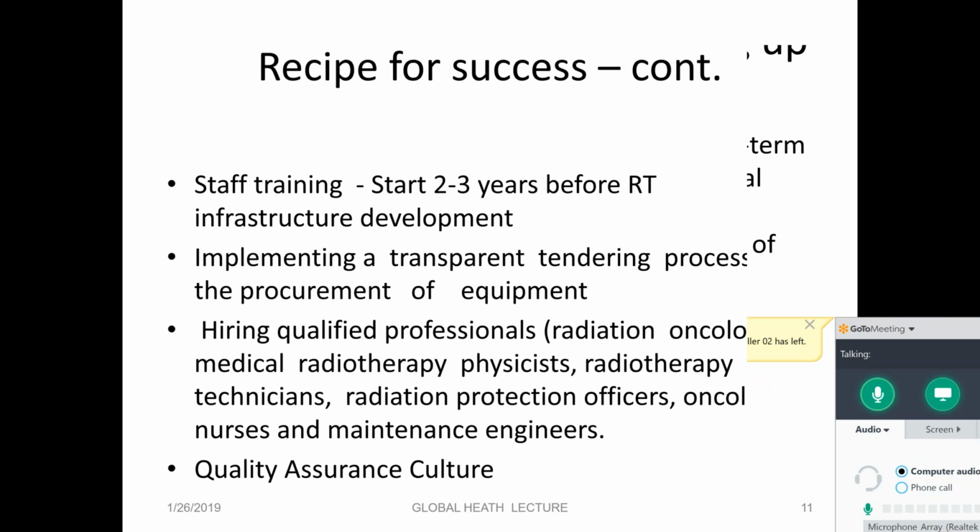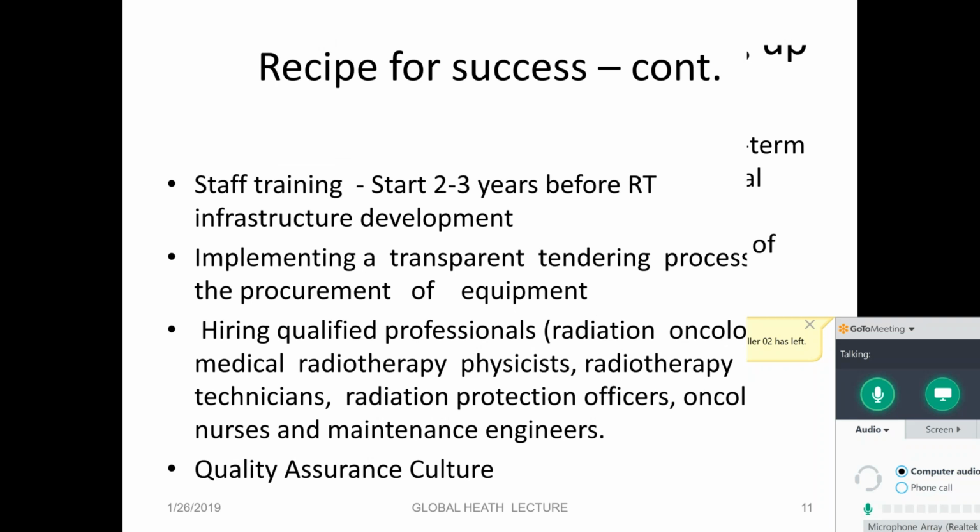Once all those are in place, the chance that one is going to succeed in setting up a radiotherapy department in low and middle income countries is very high, because you have the political commitment, you have the resources, you have the human resources, and you have taken care of the aspects that are important to have a radiotherapy department up and running. You have looked at the radiation protection aspects adequately, and the National Regulatory Authority will give you a license.